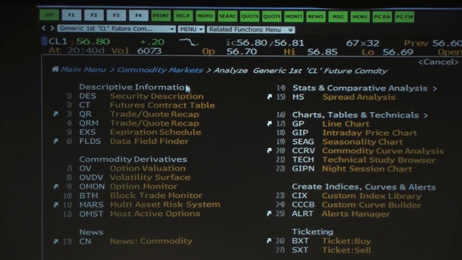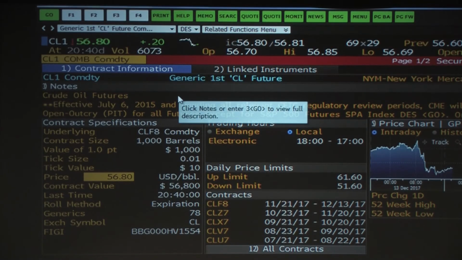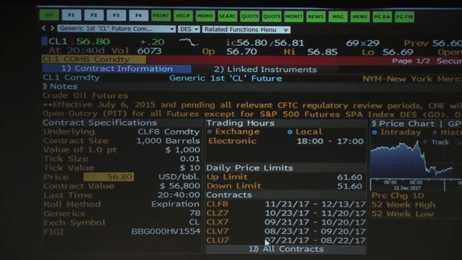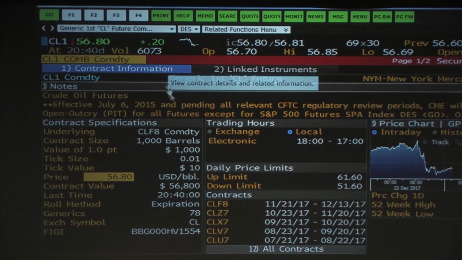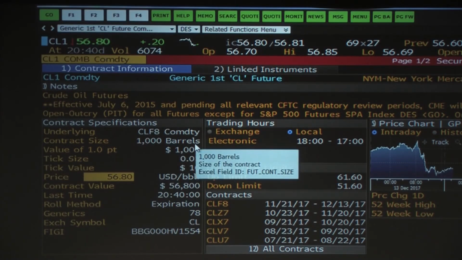No, it's not. So let's click on the description of this. It'll basically tell you a little bit about what this security is. So it tells you, CL1 commodity represents all oil futures that are being traded. The way these contracts are traded, they have a certain size.